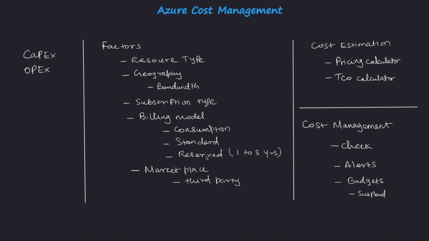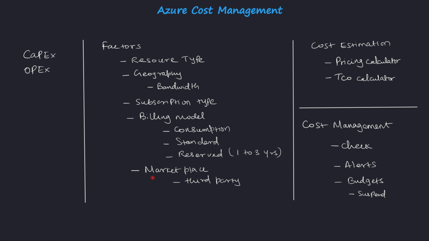This is where you'll be getting a resource at a discounted price because you made a commitment to Microsoft that you are going to use that resource for a fixed period of time. Usually that is from 1 to 3 years. So if you say that you are going to use the virtual machine for the next 3 years, then rather than getting a standard price, which will be slightly expensive, you'll be getting a discounted price because of the commitment that you make. So that is the reserved price.